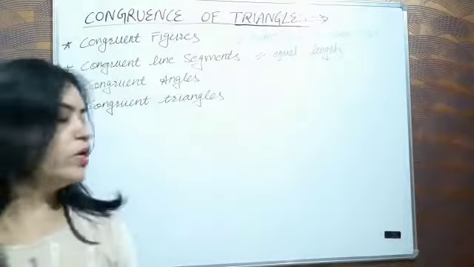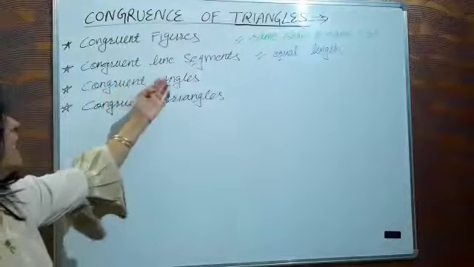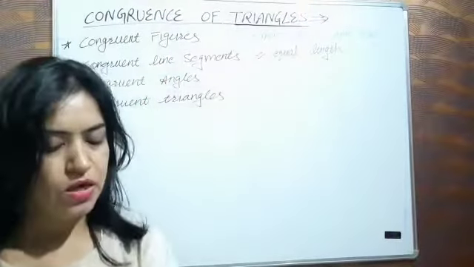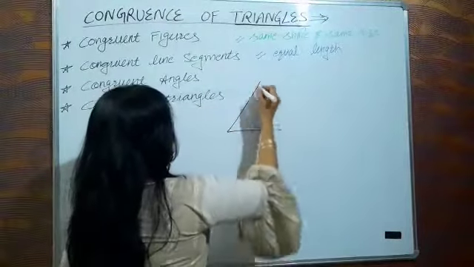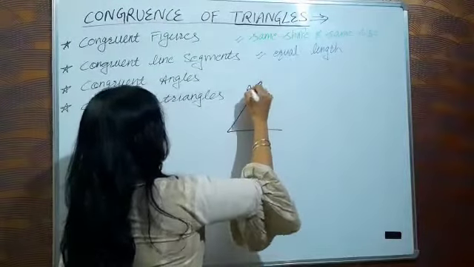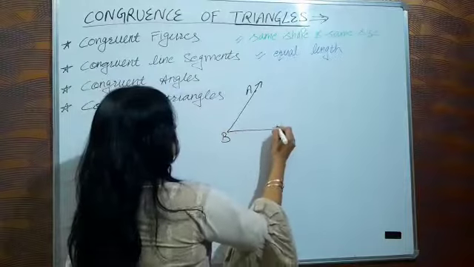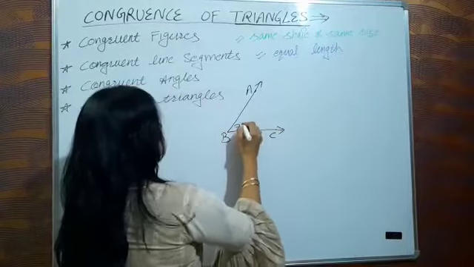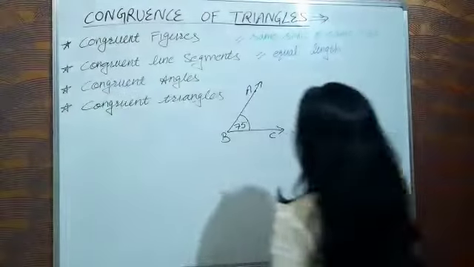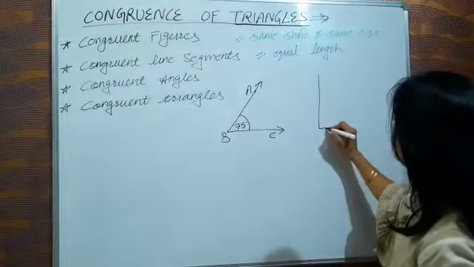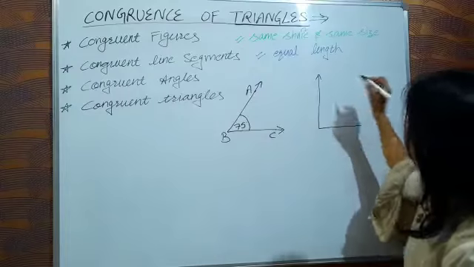Now we will learn about another geometrical figure, that is angles. I draw an angle named ABC. It is of measurement 75 degrees. And I draw one more angle.